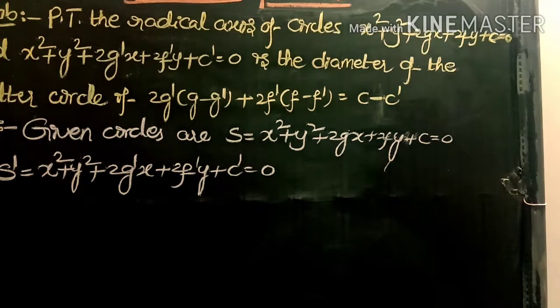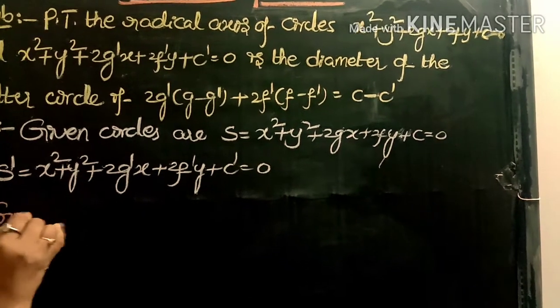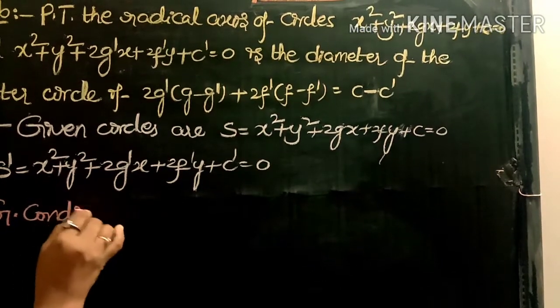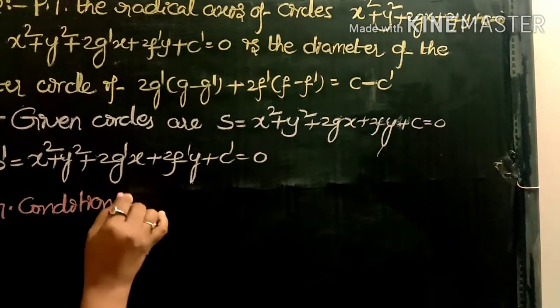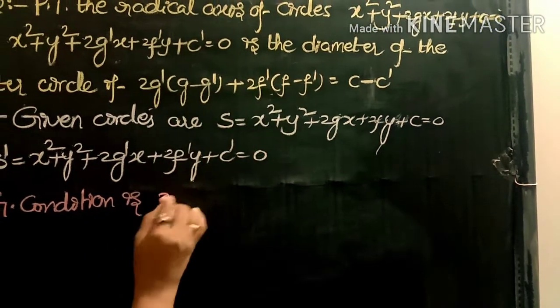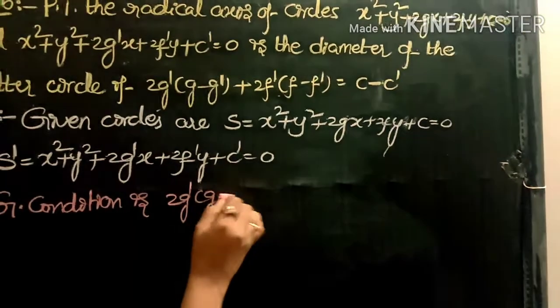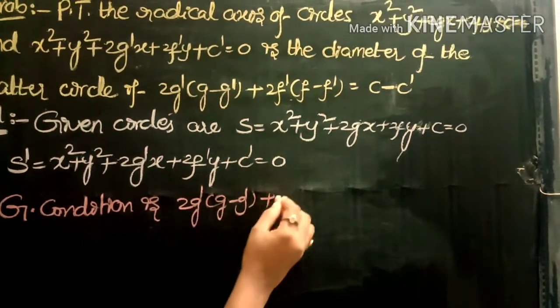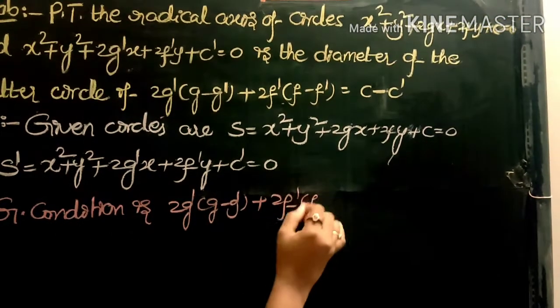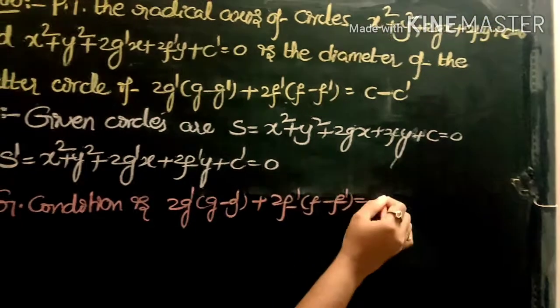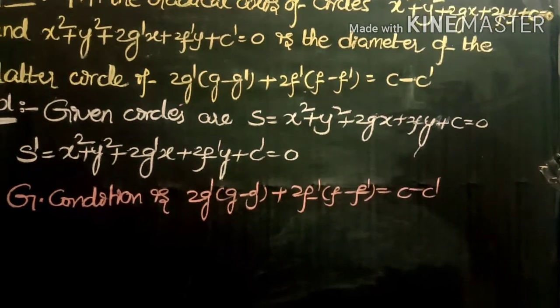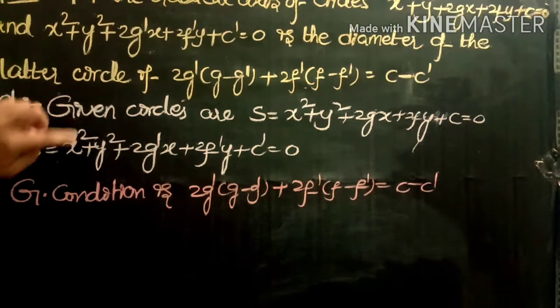Now next we take the given condition. The given condition is 2g'(g − g') + 2f'(f − f') = c − c'. This is given. Now next we find the radical axis of the two circles.